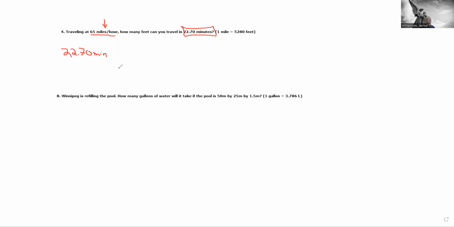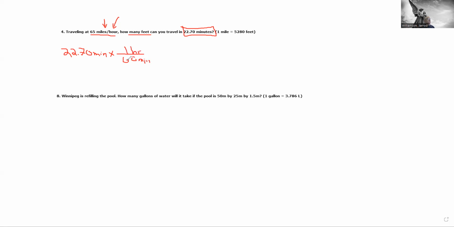Okay. Now this is 65 miles per hour, and I want to get feet. Here I have minutes. What I need to do is convert these minutes into hours so I can get it ready for this conversion fraction. So I need a conversion fraction between minutes and hours. And I know that 60 minutes is 1 hour.